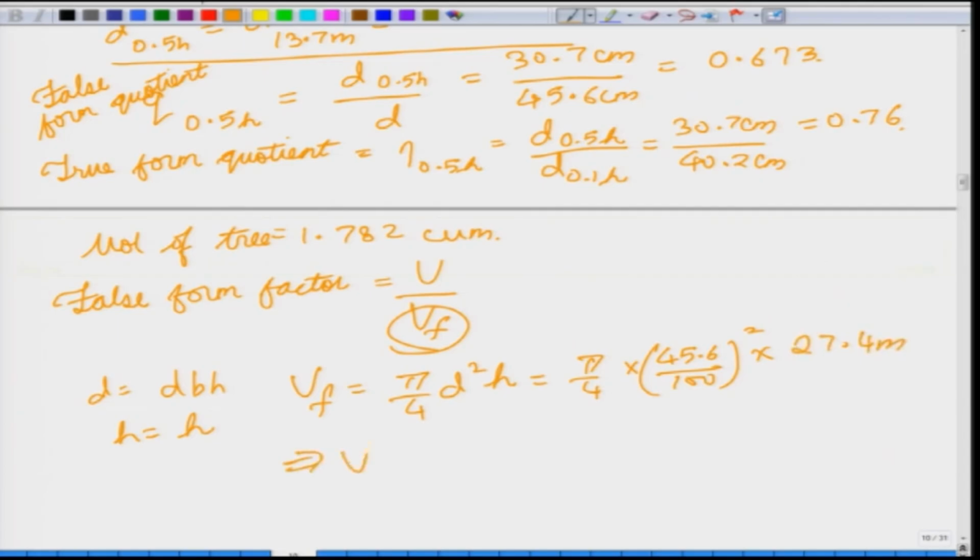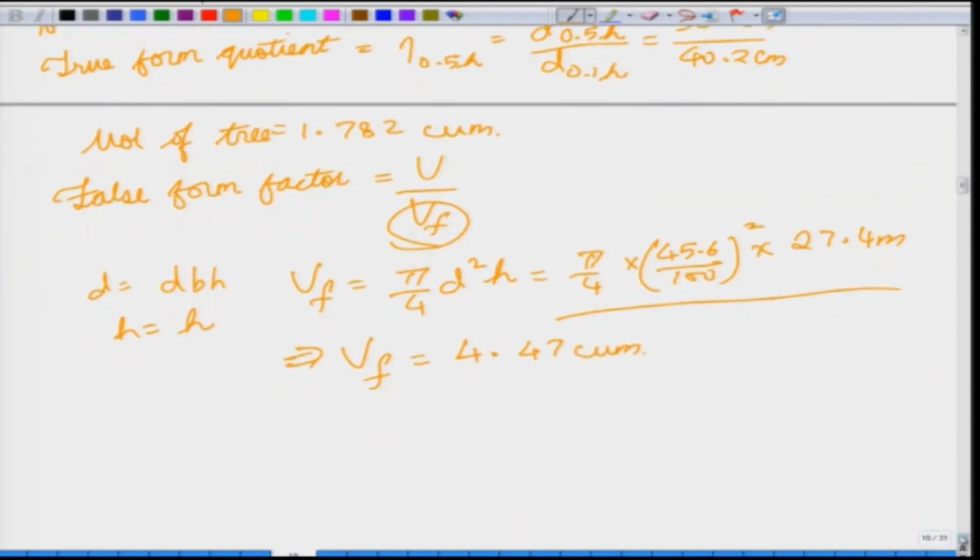So, the false volume, when you do this computation, comes to 4.47 cubic meters. So, the false form factor will be given by V, the volume of the tree, 1.782 divided by 4.47, which is equal to 0.399. Now, remember that the false form factor is a dimensionless quantity, because you have a volume divided by another volume.